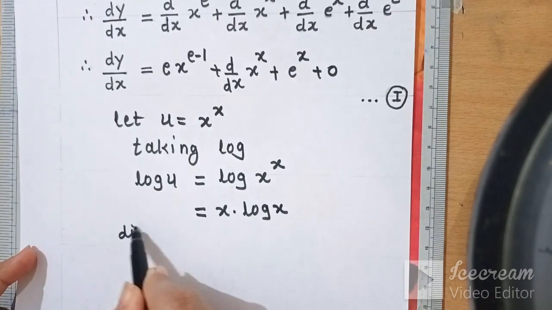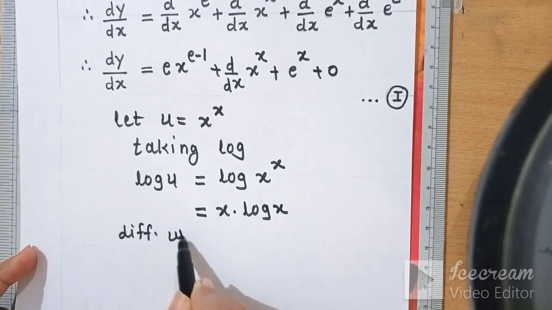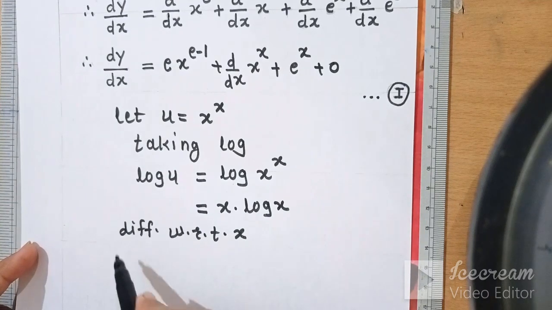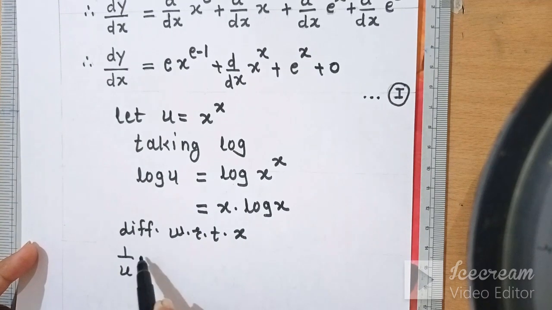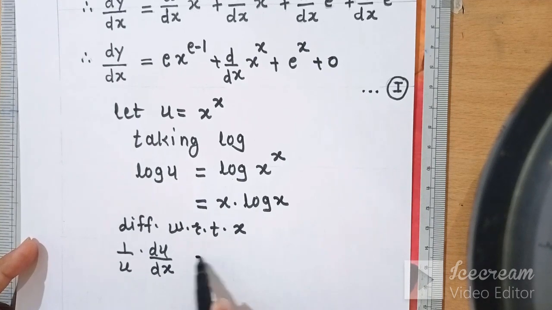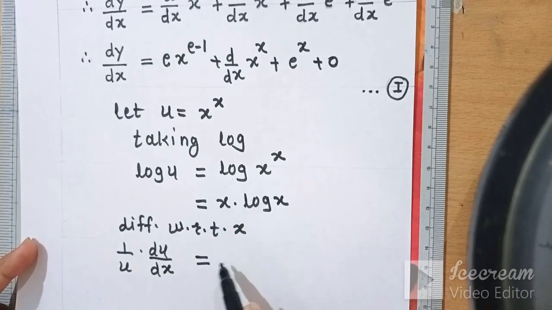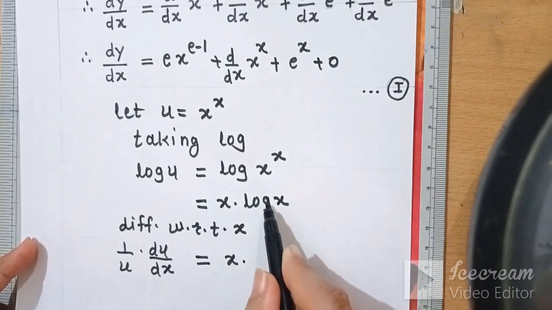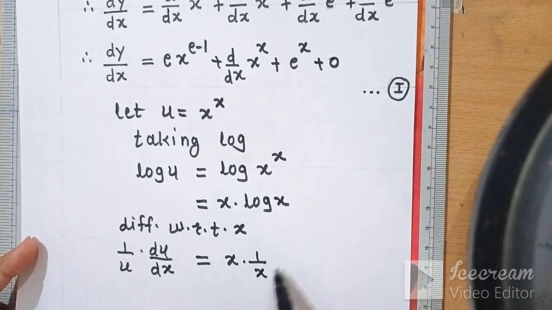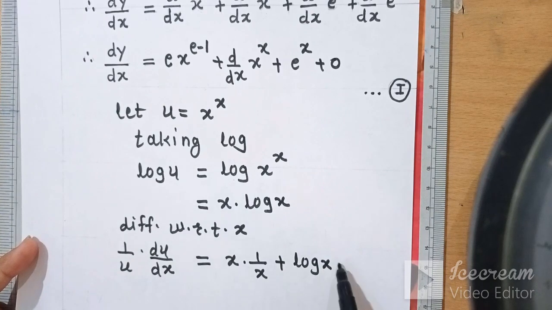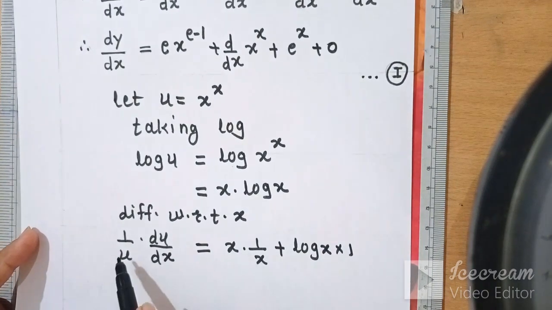Now differentiating with respect to x, we have the derivative of log of u is 1 upon u into du by dx, and that is equal to, now here is a product of two functions. So first term as it is, derivative of second is 1 upon x, second function as it is, and derivative of x is 1. Now shift this u to the right hand side.